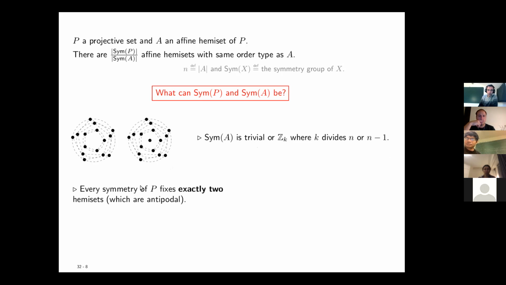Now, if you look at symmetries of a projective set, there's actually a property that is not at all obvious at first, that every symmetry of P fixes exactly two opposite hemisets. So if you think about a geometric rotation, an element of SO3, it's going to fix 2 points. Your rotation will have an axis of rotation, and the 2 points there will be fixed.